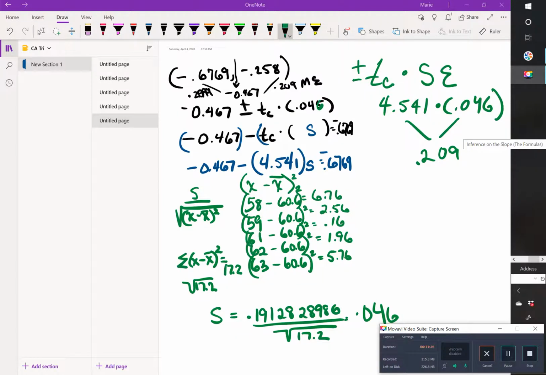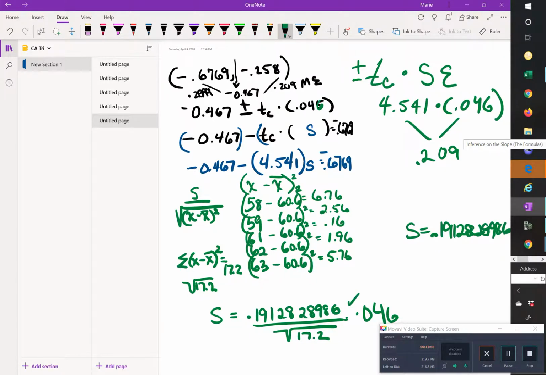So in your calculator, you remember that part of your output is S, which is the standard deviation for this model, which is 191.2828.986, right? And that's right here as well. What you need to do is divide this by the square root of the value. So you start with the 58 minus the mean of 60.6, and you're going to square it. That you'll see here. All of this is this part.